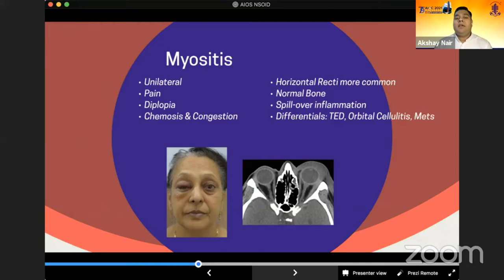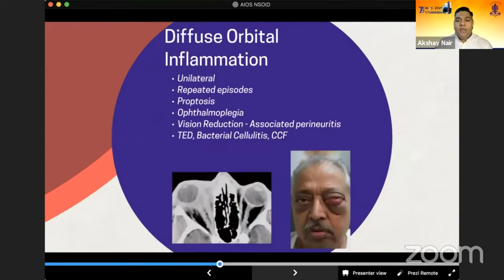Differentials for this can be thyroid eye disease. As you can see, this mimics a lot of active congestive thyroid eye disease that Dr. Tarjani showed. Orbital cellulitis or metastatic lesions in the orbit. Diffuse orbital inflammation can be unilateral. It usually is unilateral, and patients will have a history of repeated episodes on and off.